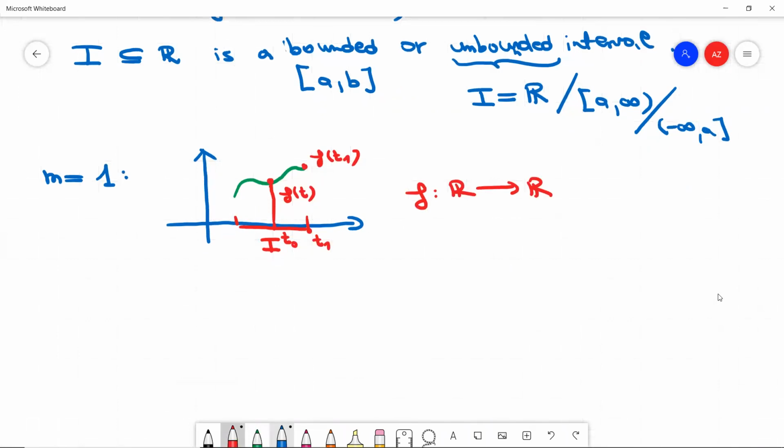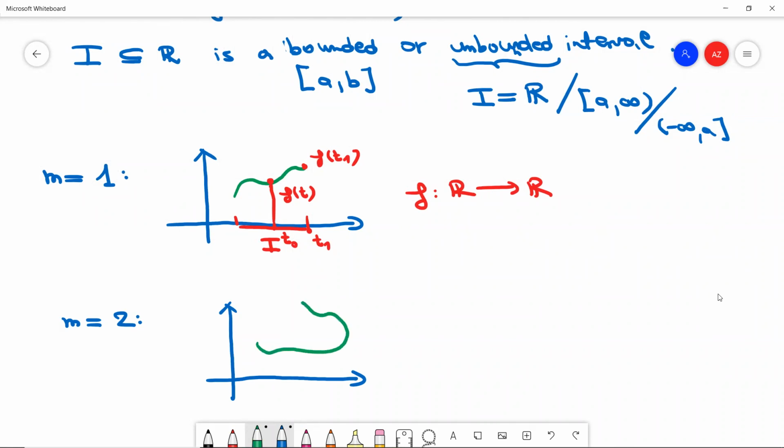For m equal to 2, the picture would still be two-dimensional. However, our curve would be something like that. For example, it could be like that. And here I have x and y, and this point is x, y at some t.